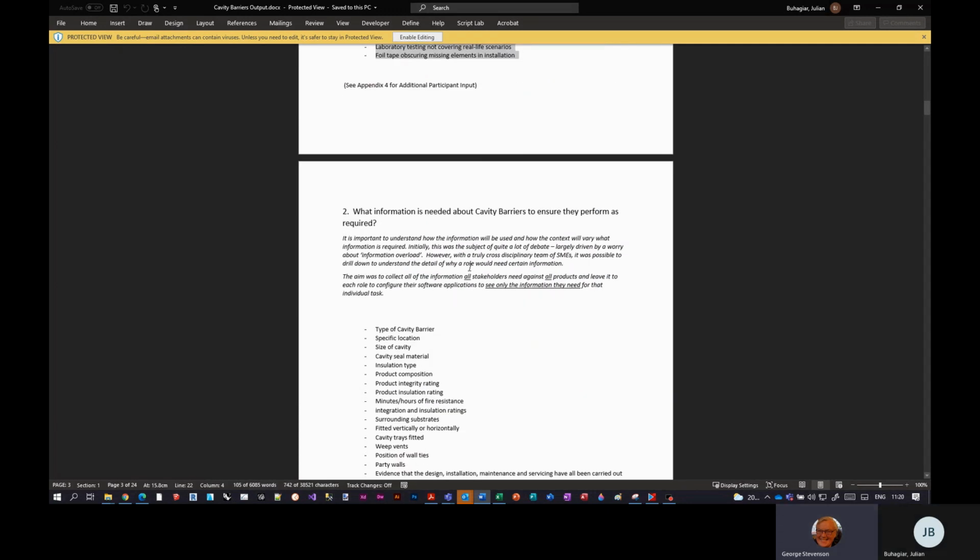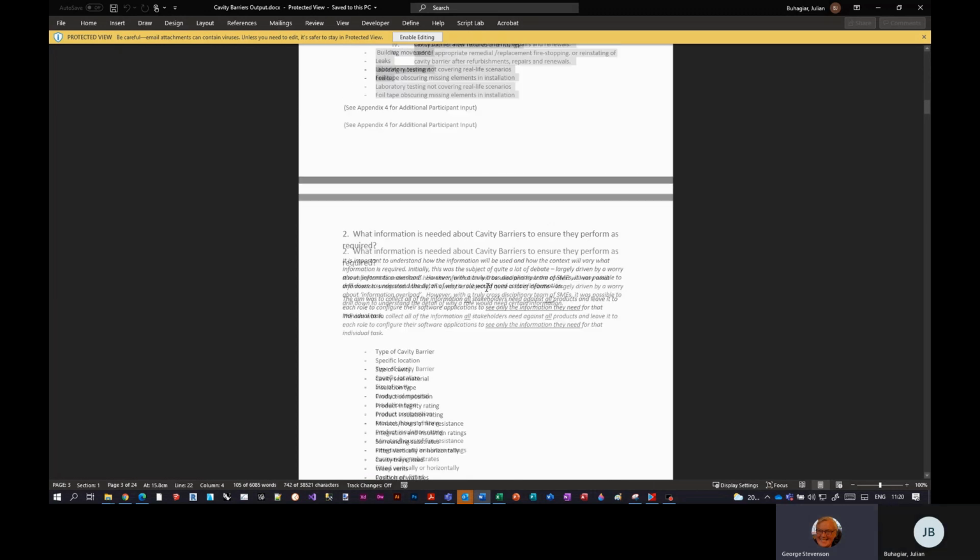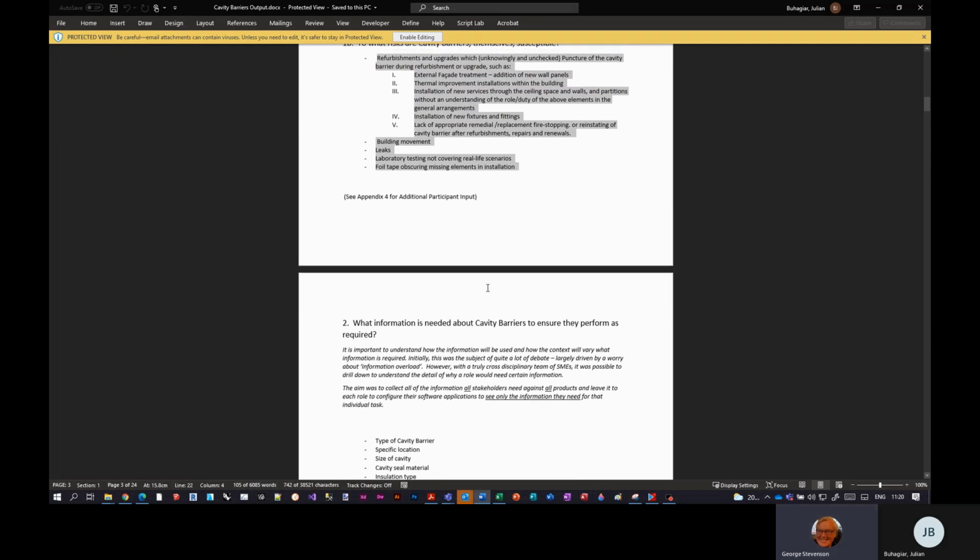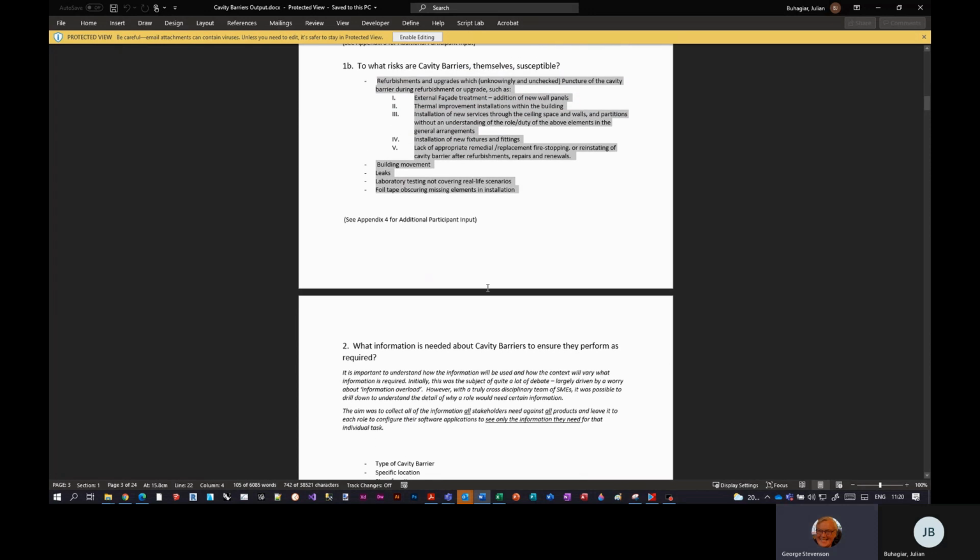So the purpose of why we're using the templater here is to try and turn this 20-page document that people would normally have to read and interpret into proper machine readable data that can be sliced and diced and presented to people when they need to do a particular task, or when they need a certain set of information in a certain context. So that's why we're taking this document, which is really valuable, and interpreting it into the templater so that it can be reused.